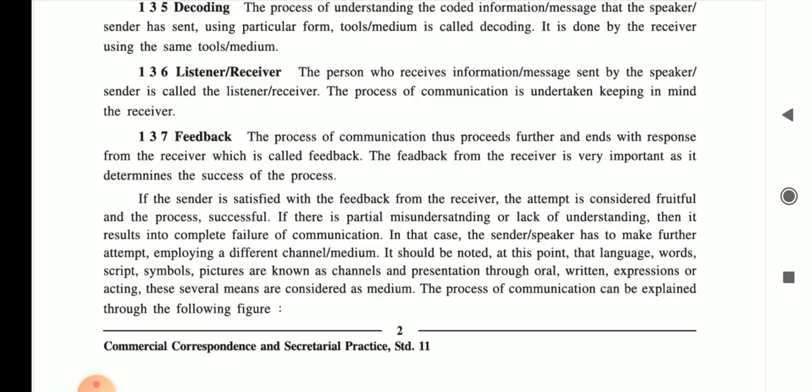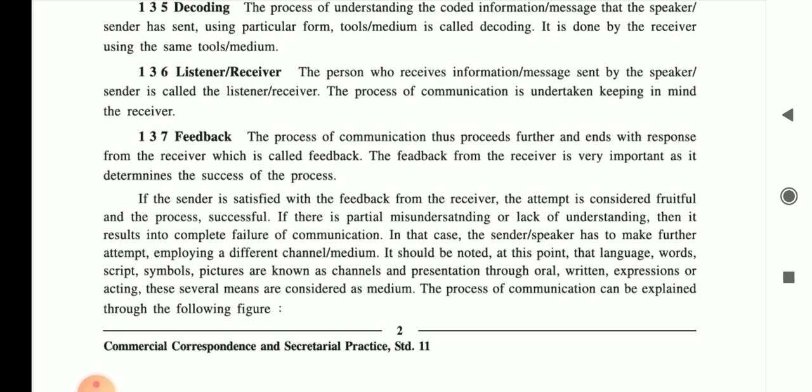The feedback from the receiver is very important, as it determines the success of the process. Through the feedback you can say that the process of communication is completed or successful. Without any feedback, it is not considered complete or successful.